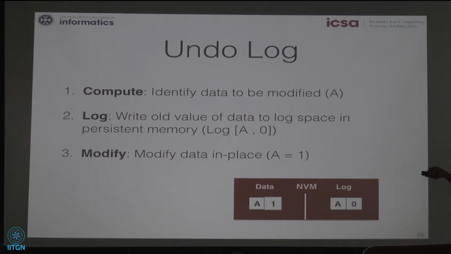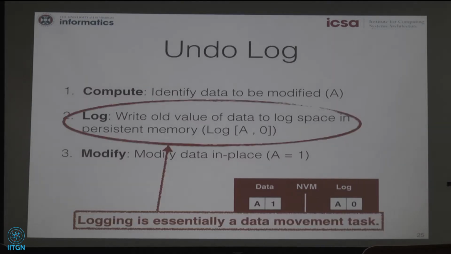And finally, I would go and modify that value in place. So what we essentially need to do as part of undo log is a data movement operation. We need to move the old value of data from the in place location to a specific log area.